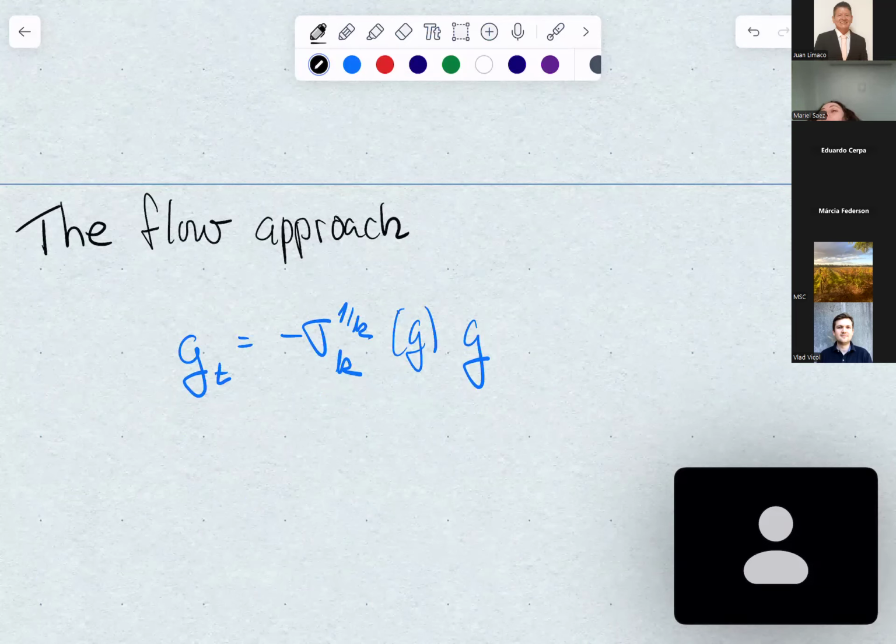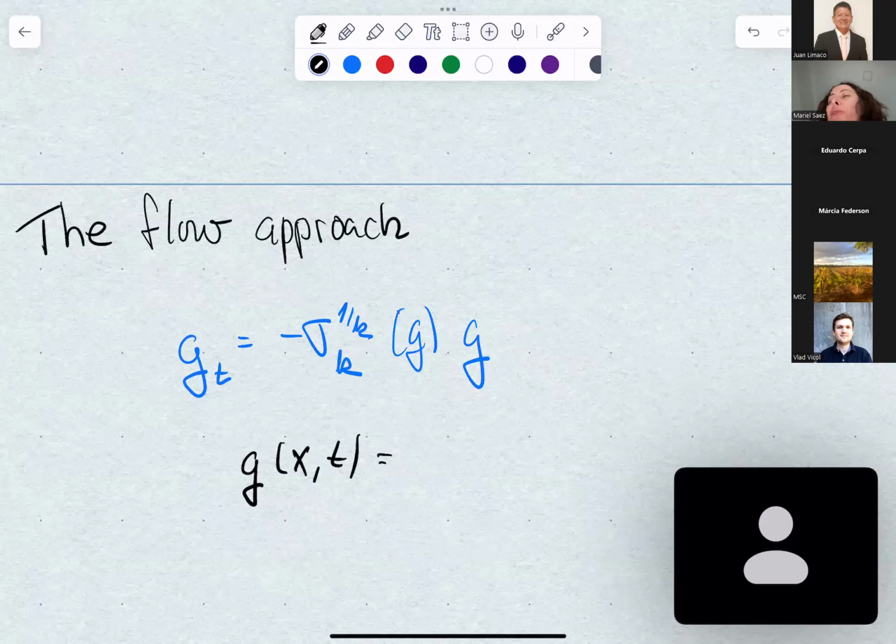So I'm interested in this geometric problem. Again, here I mean the derivative. And again, I'm looking at conformal metrics. So I'm thinking that g at a time t is something that looks like this, and here there are different choices of how you write the conformal factor, but it's some function here that is positive.